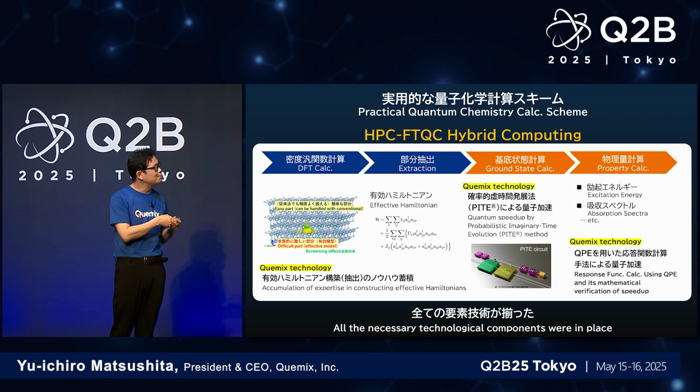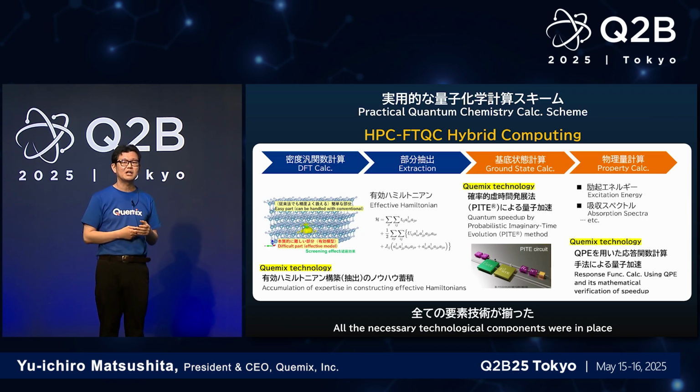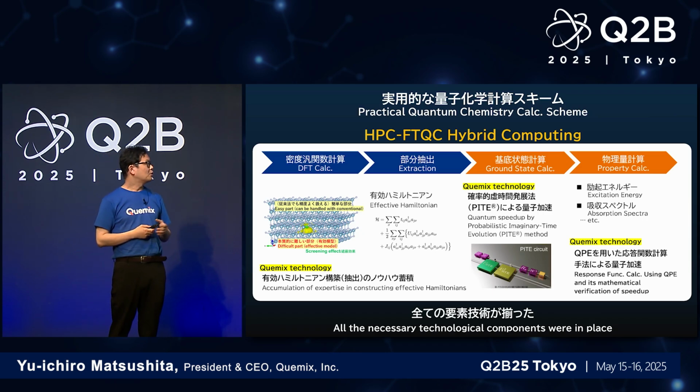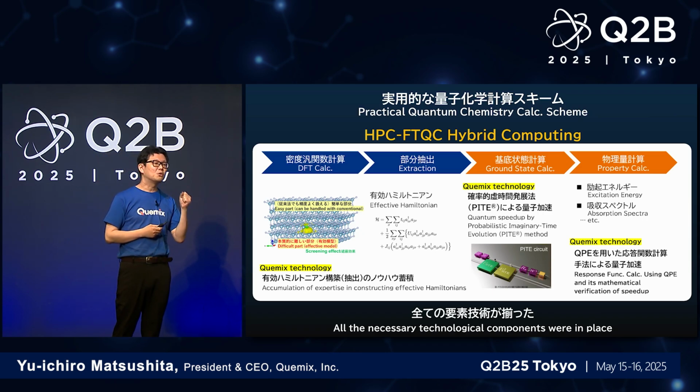And using the quantum computing, we do it at very high accuracy, and we have been developing the underlying technologies. Before we actually calculate the properties, we have to do the response function, and we have developed an algorithm to solve this response function.